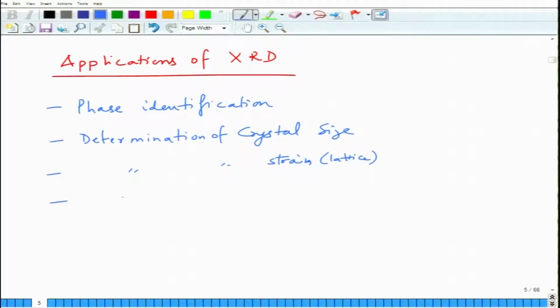and one can determine the crystal quality. One can also determine the texture, and there are a lot of other things you can do using X-ray diffraction. For example, one can determine crystal quality, texture, crystal size, strain, lattice.